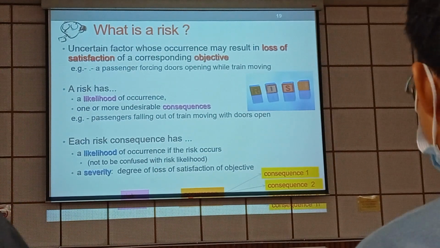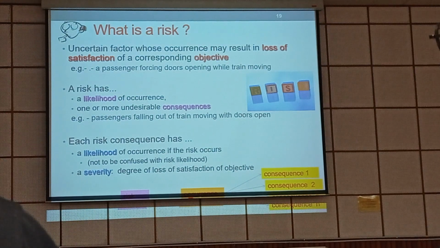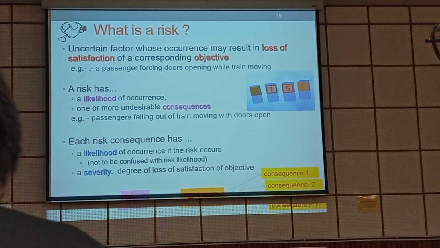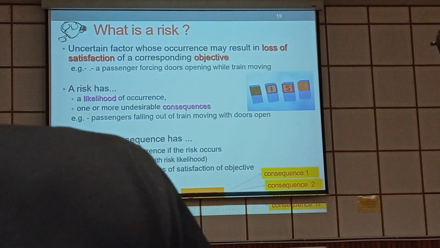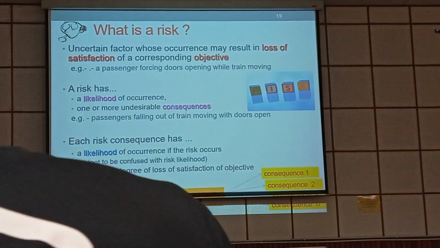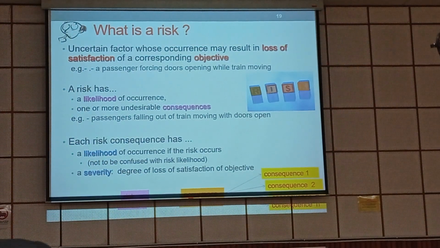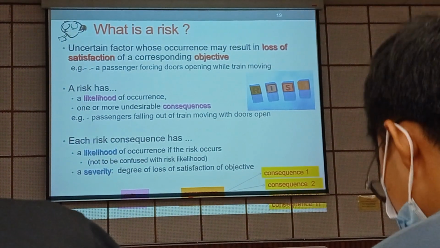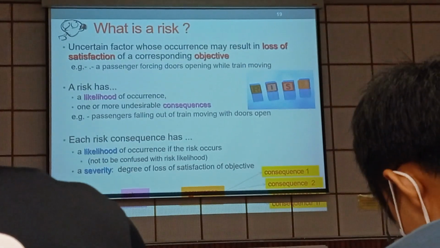You know why? Tell me now, MCO. Again, what is the likelihood? MCO is another risk for all the upcoming projects. Any project, construction or software project or whatever project going on now, they can identify MCO as another risk for their project. Now tell me, what is the likelihood for the MCO?